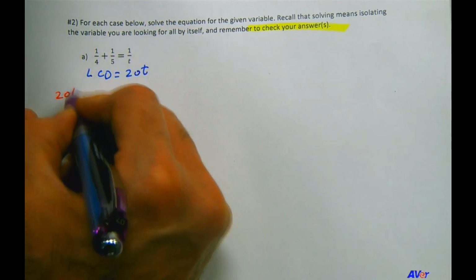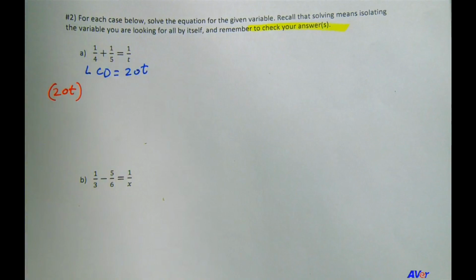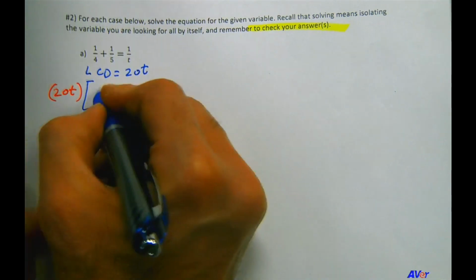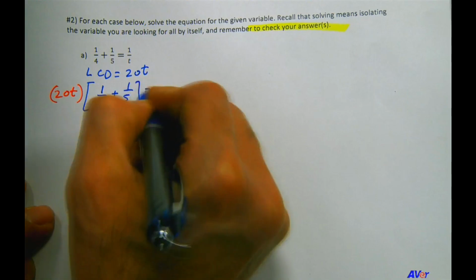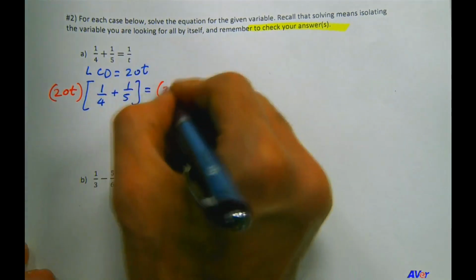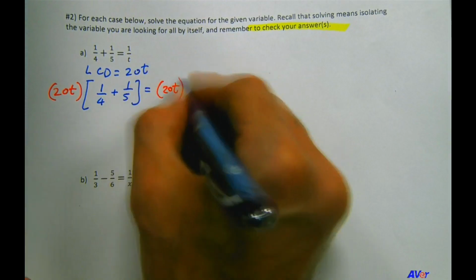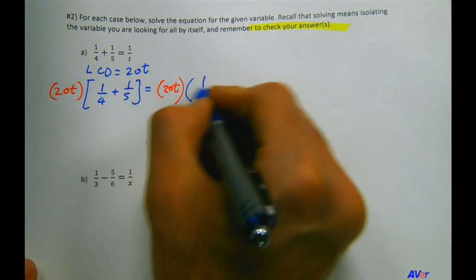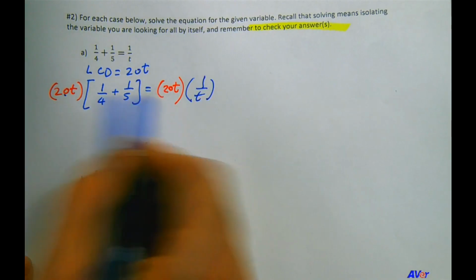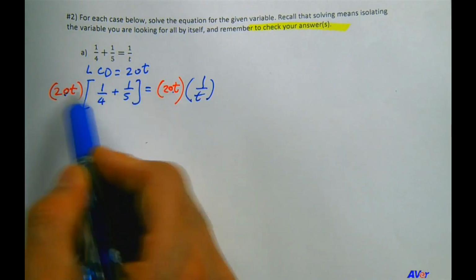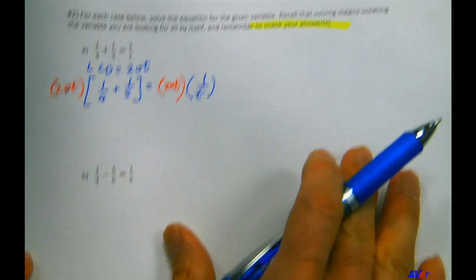So 20t times 1 over 4 plus 1 over 5 equals 20t times 1 over t. Okay? Both sides must be multiplied by the same terms, not different terms.